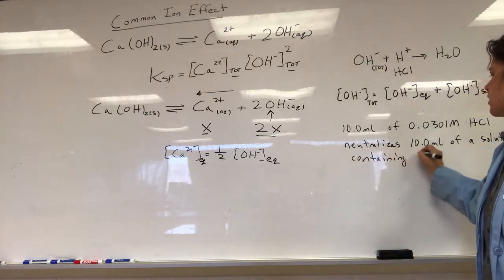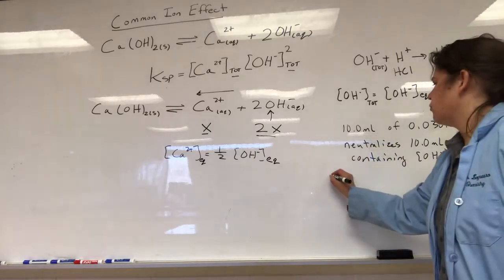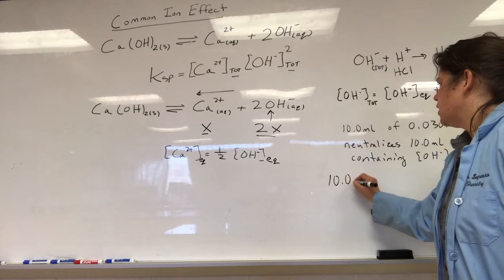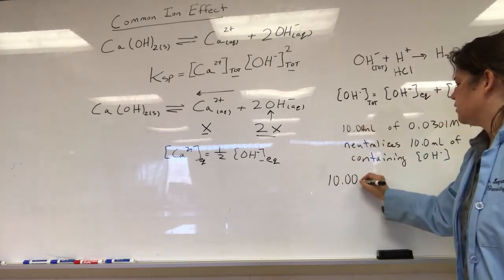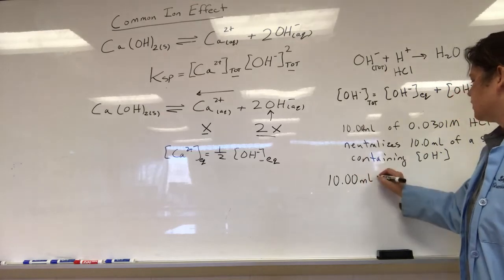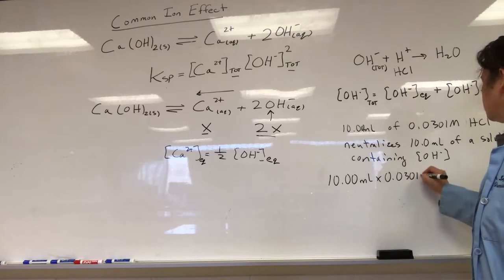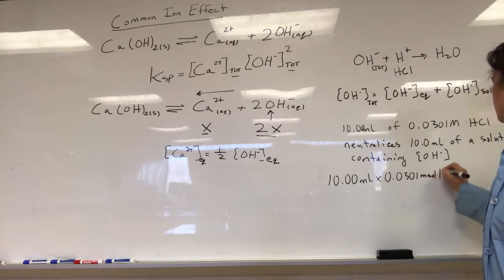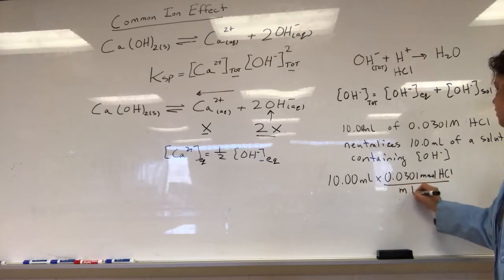and the hydroxide is the only thing that reacts with the hydrochloric acid, we should be able to calculate the concentration of the hydroxide. So we take the 10 milliliters of the substance that we know, we're going to use a burette, so we can use 2 decimal places here. Multiply that by the concentration of the hydrochloric acid using units.